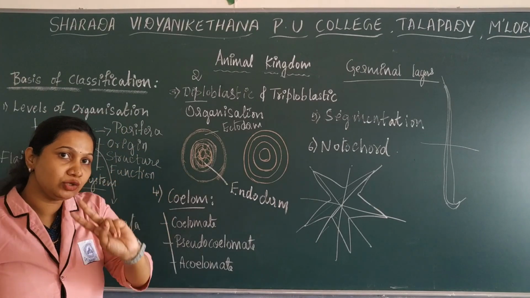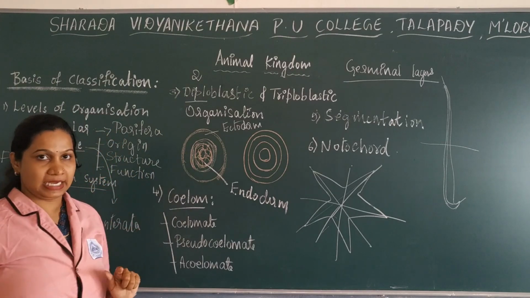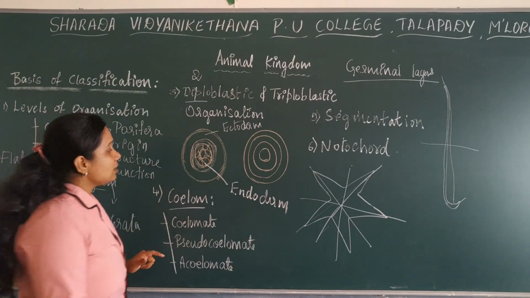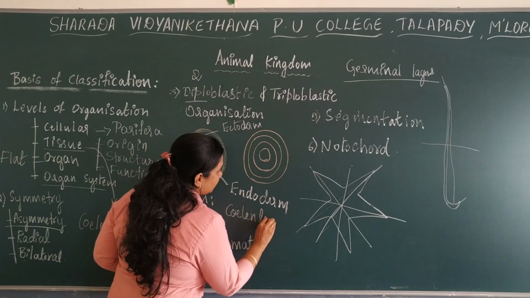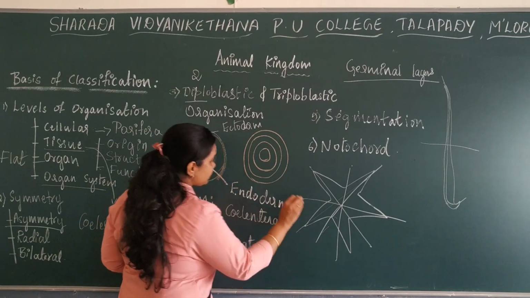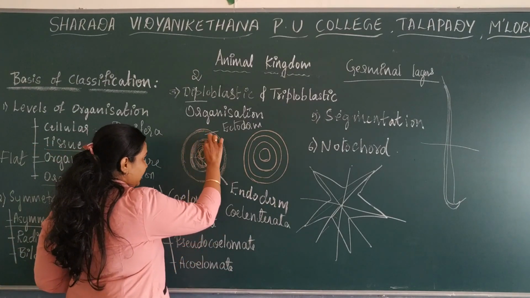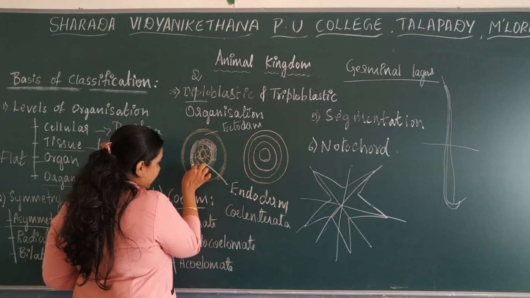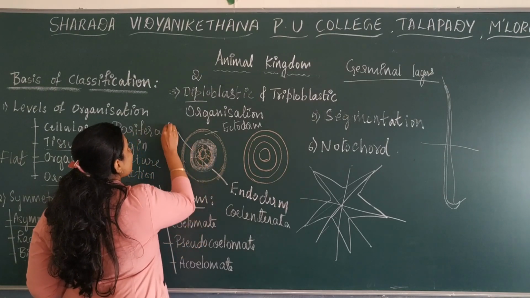They have only two germ layers, outer ectoderm and inner endoderm. But in some members of Coelenterata, there is a layer in between the ectoderm and endoderm, and that is known as mesoglea.